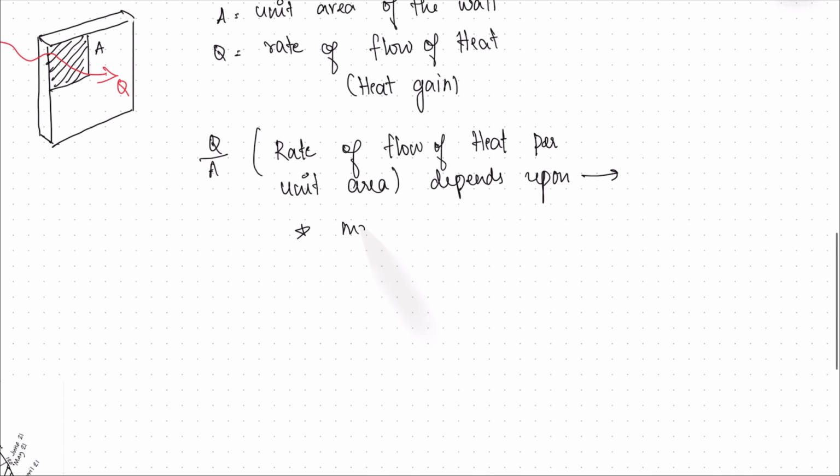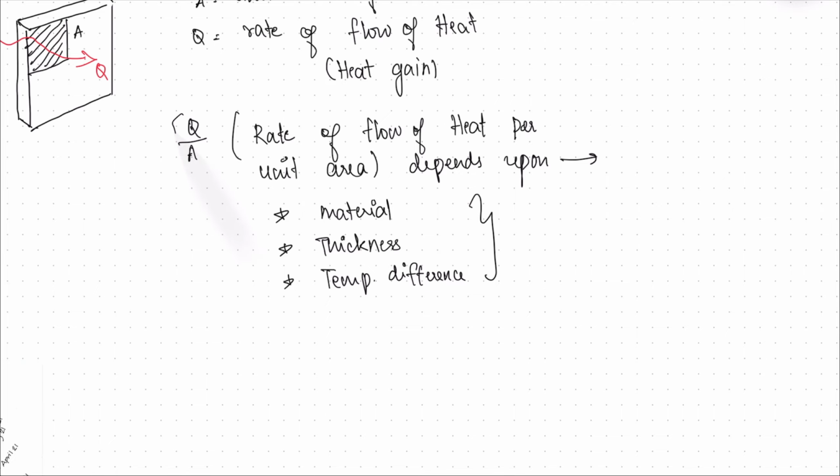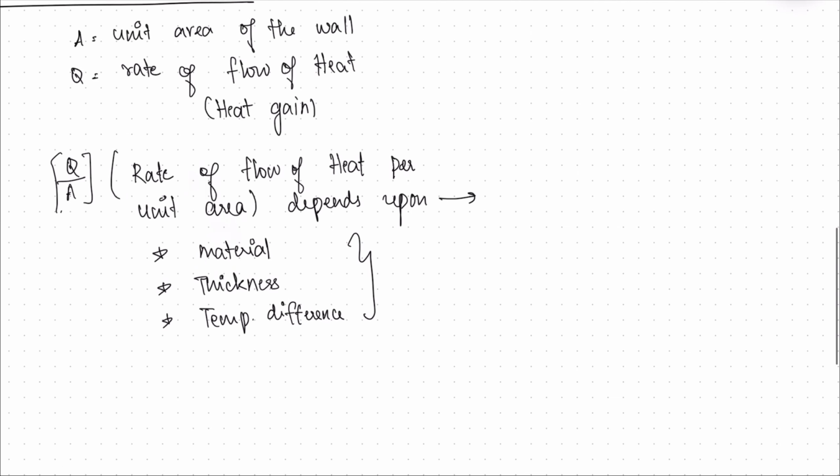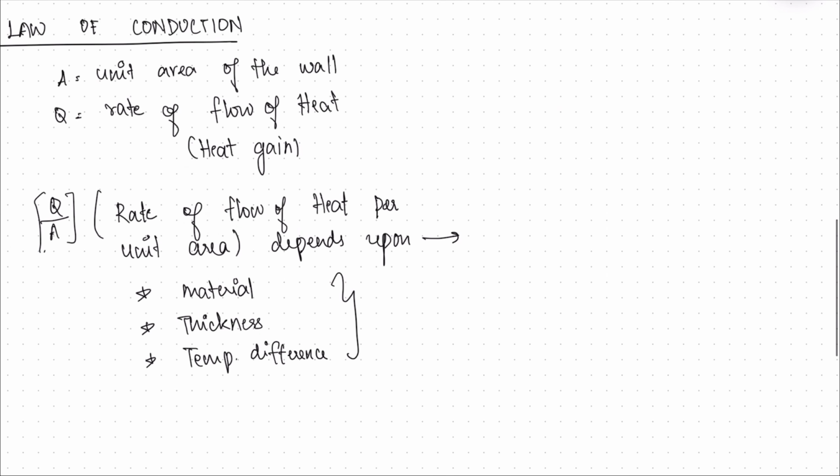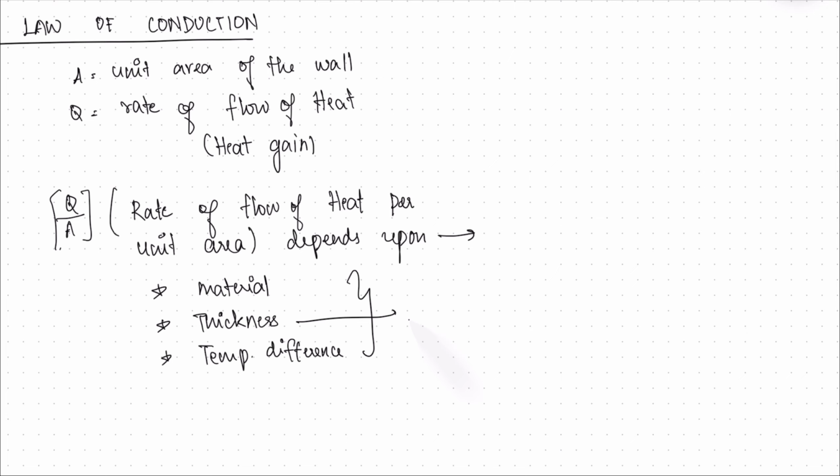Let's try to understand how all these three factors are related to your rate of flow of heat. Let's consider each category. Let's consider thickness first, and this is your L. Temperature difference is delta T, and we'll talk about the material later.